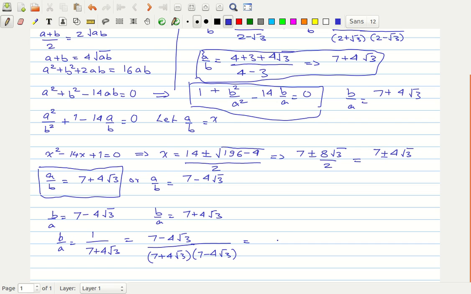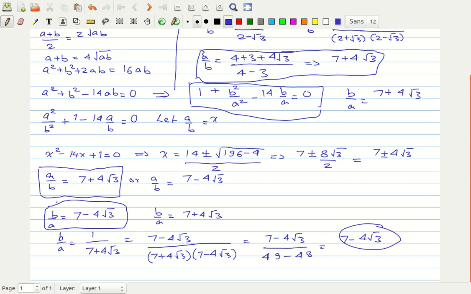You end up getting 7 minus 4 root of 3 divided by 7 square is 49 minus 4 root of 3 square is 16 times 3 is 48, which is equal to 7 minus 4 root of 3, which is exactly what we said here.